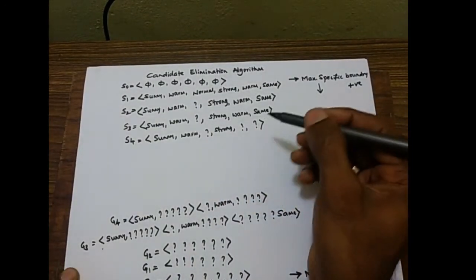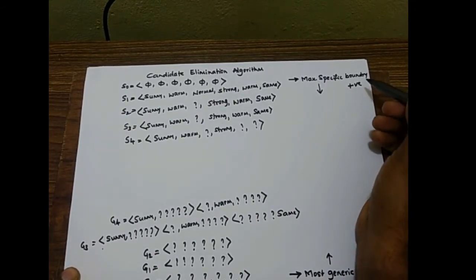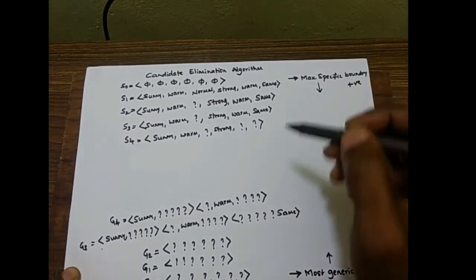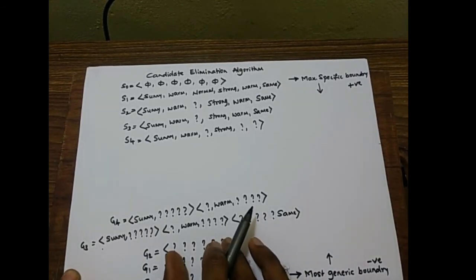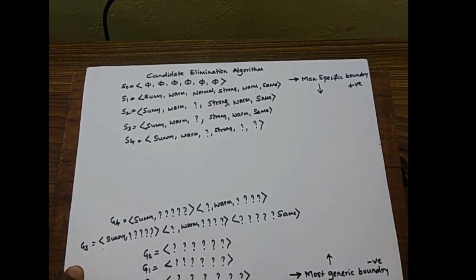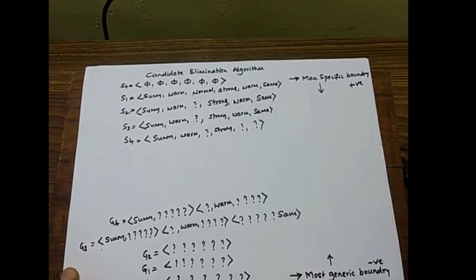If you see the candidate elimination algorithm, the maximally specific boundary is growing and the most generic boundary is shrinking. It will give more than one hypothesis rather than giving only one specific hypothesis, as in case of the Find-S algorithm. The final hypothesis set will lie between S4 and G4.